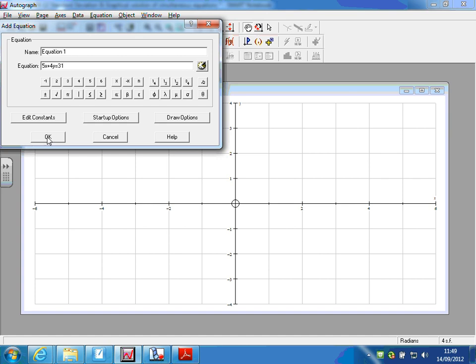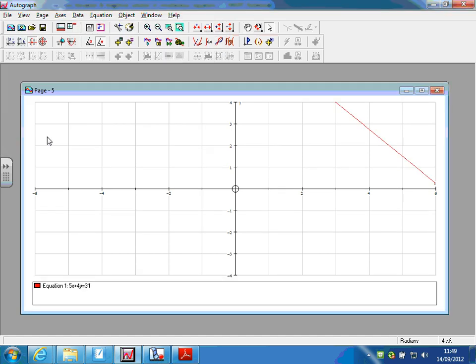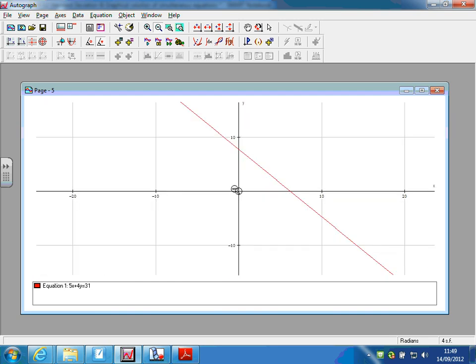Okay, that's the first one. We would expect maybe a straight line because it's linear. There are no powers of x or no powers of y. Can't really see it very well, so let's just zoom out. And there's my function, okay?